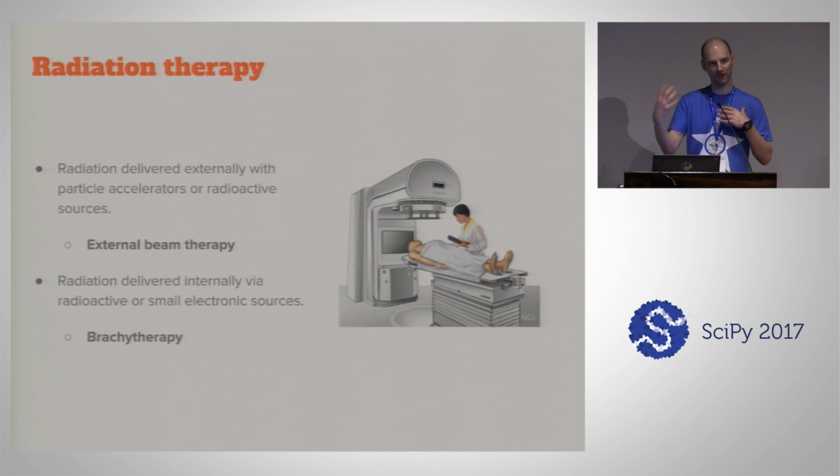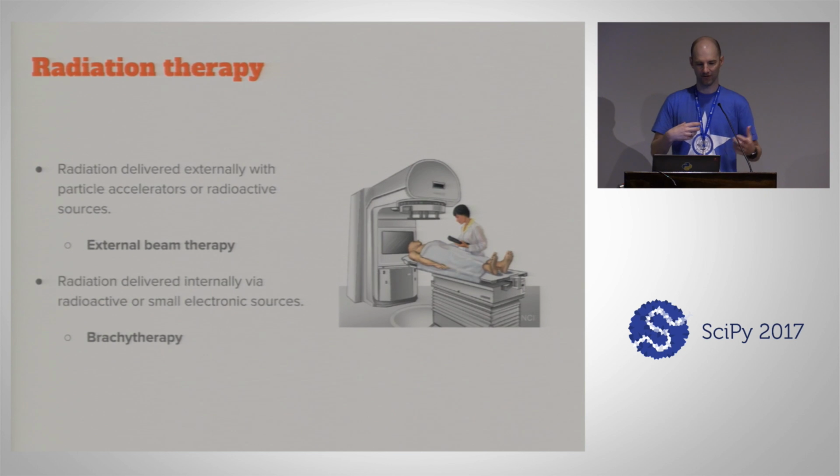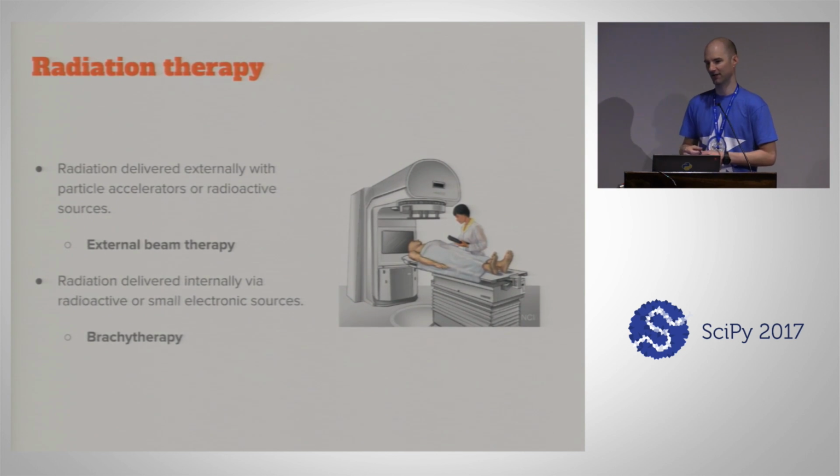There are two broad categories of radiation therapy. The first one is the one I'm going to focus on more today. It's when you use an external radiation source. It's called external beam therapy, and that means usually you'll have a particle accelerator generating a beam of electrons or X-rays or protons.